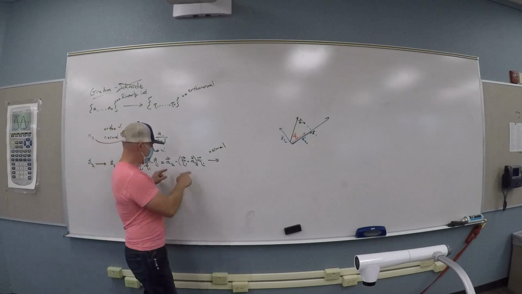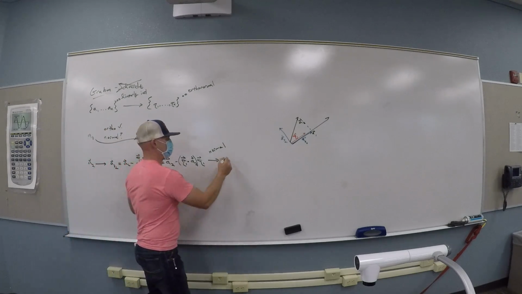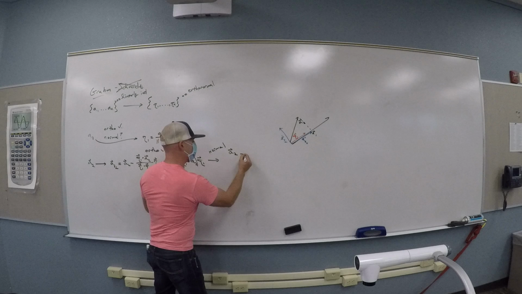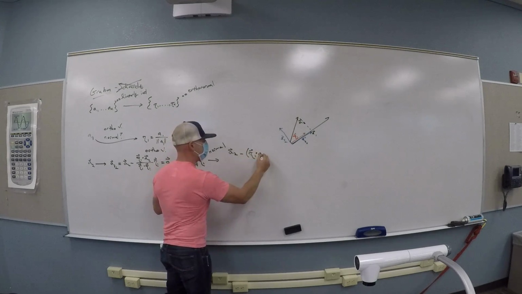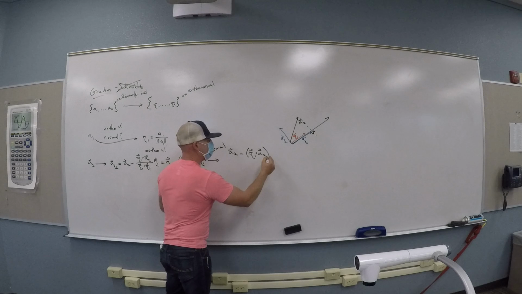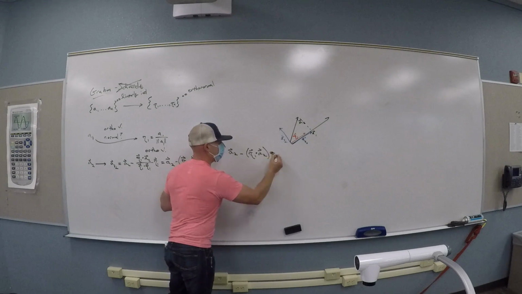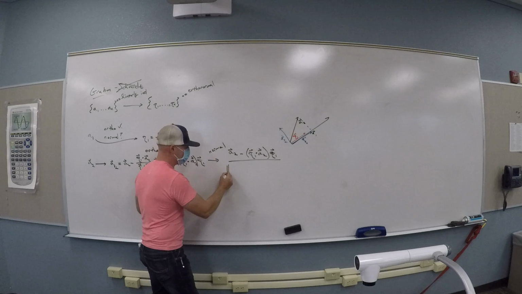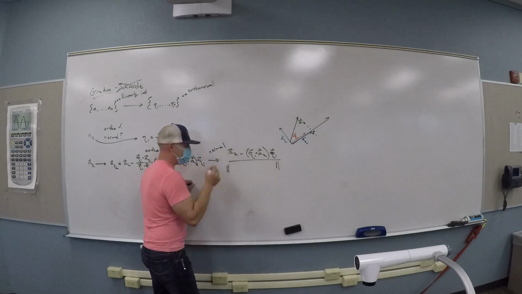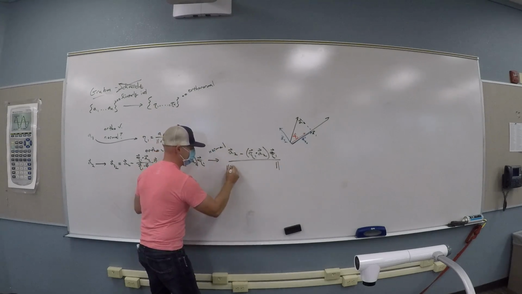So I take the vector I just got, A2 minus Q1 dotted with A2 times Q1, and I need to divide that by the magnitude of that exact same thing.